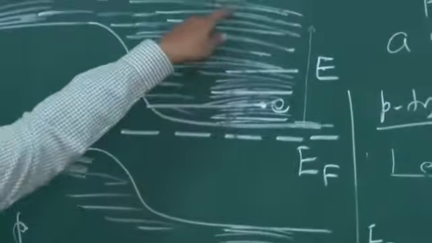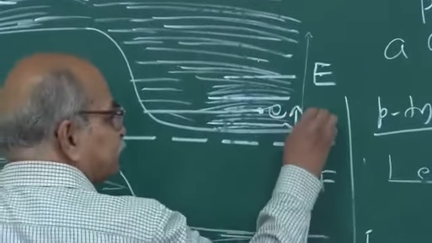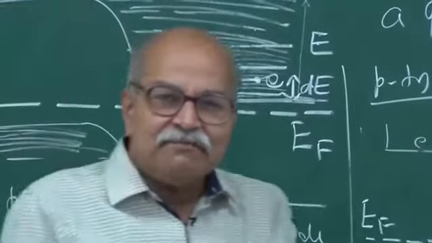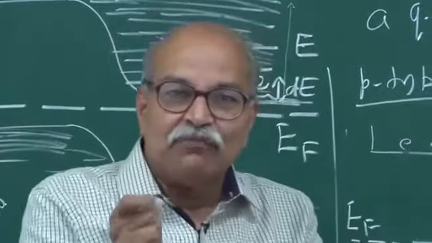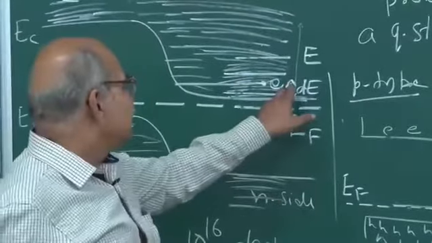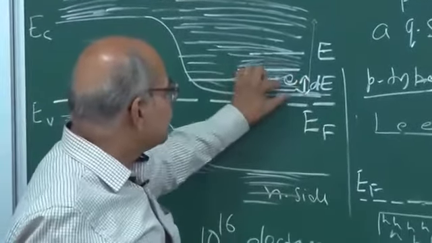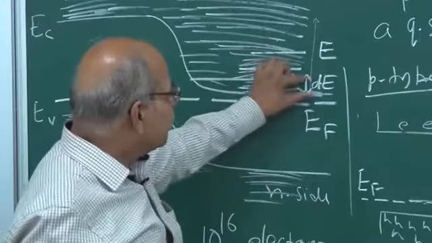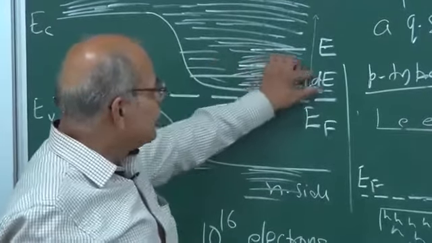But that's not exactly the number of electrons in this range. Suppose you take a small dE here. These quantum states are very closely packed, so I cannot discuss them one by one. If you take a width dE, how many quantum states are there, and how many electrons will be in these quantum states in this energy range?